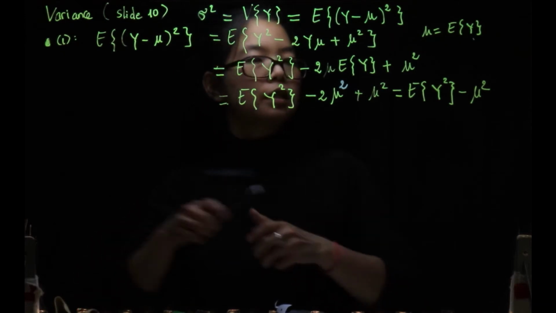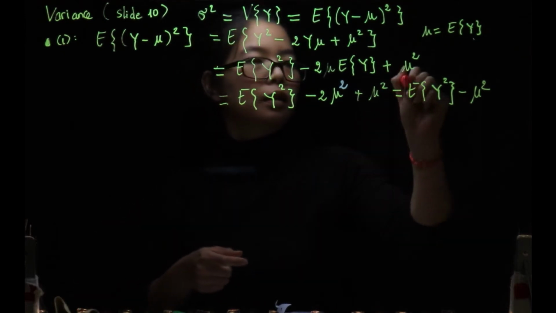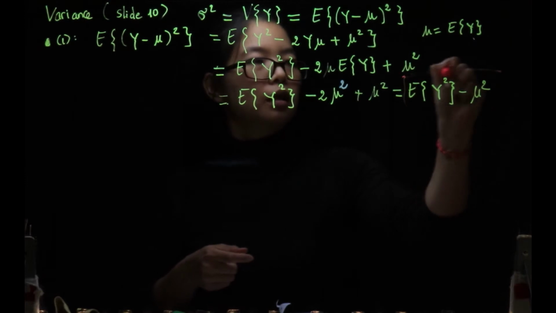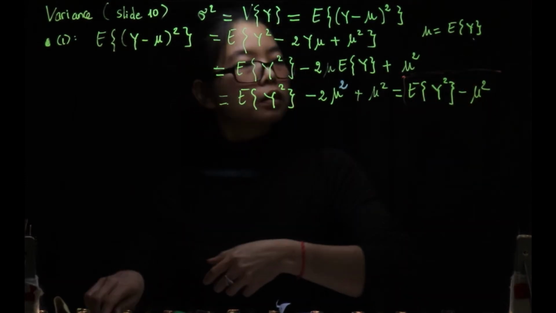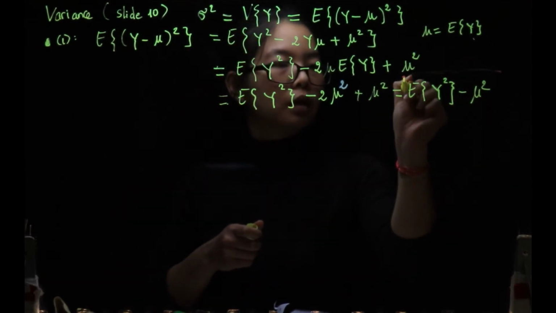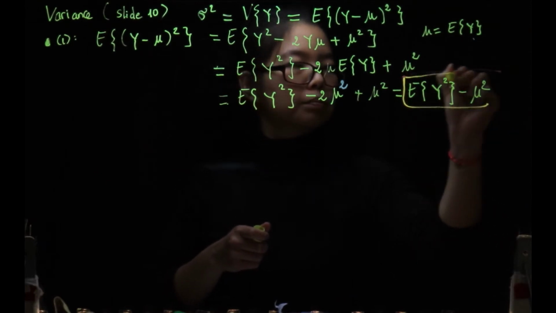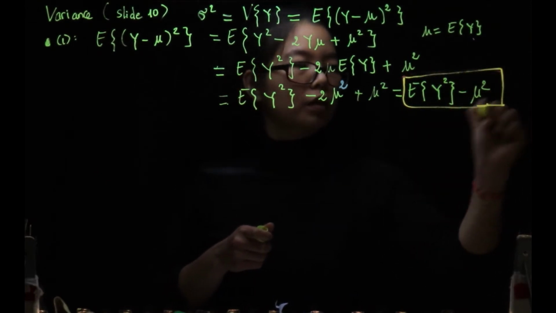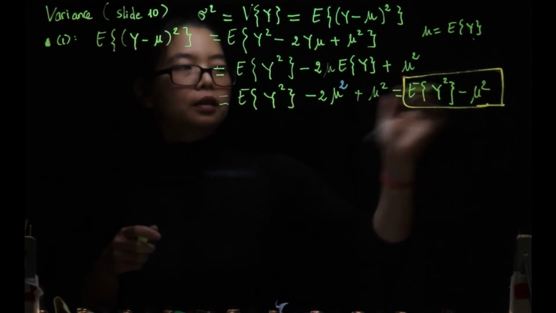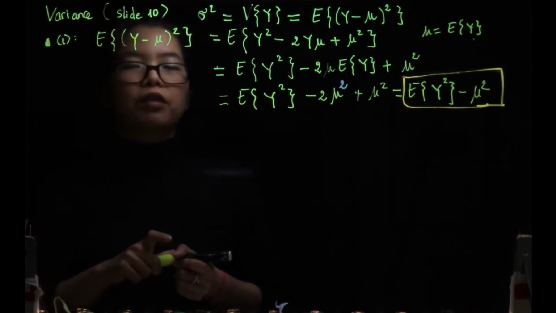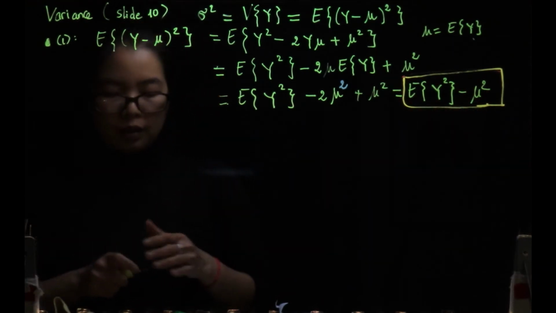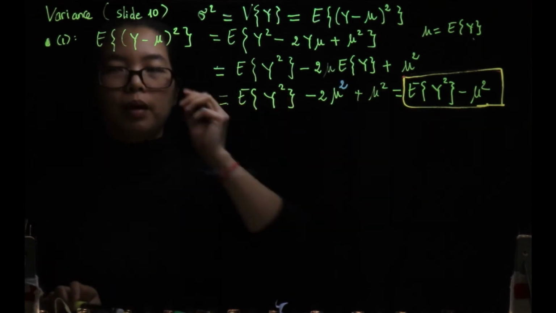Okay, so this is the first result. The variance of a random variable equals the expected value of that random variable square minus the square of its expected value. Sounds messy, but try to remember that.